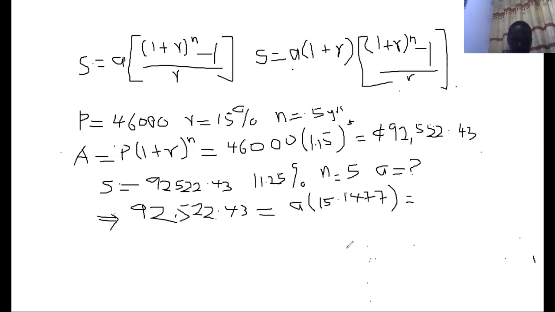Oh, sorry, I didn't subtract the one. So 1.1125 raised to 5, less 1, we have to subtract the 1. So minus 1, all divided by 0.1125. So that will give me 6 point something.